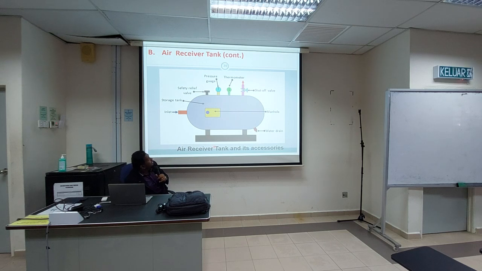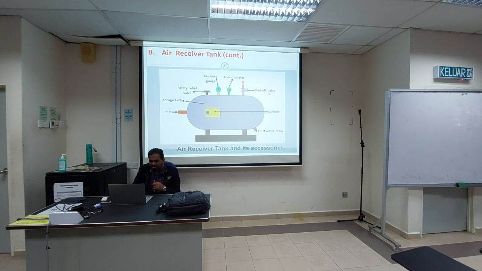Okay, so this is an example of an air receiver tank. You have many components. You have a pressure gauge, to measure the pressure. Then you have a thermometer to check the temperature of the compressed air inside.